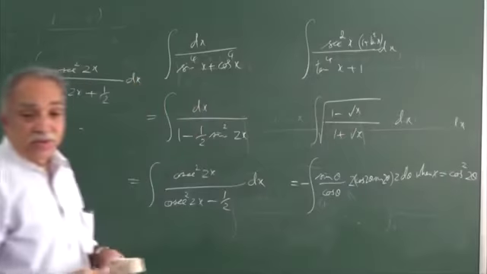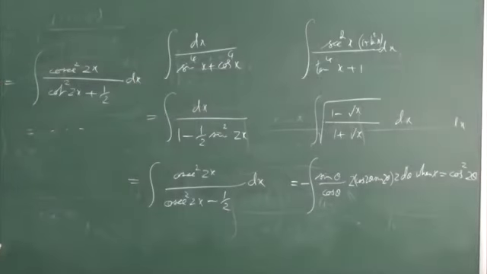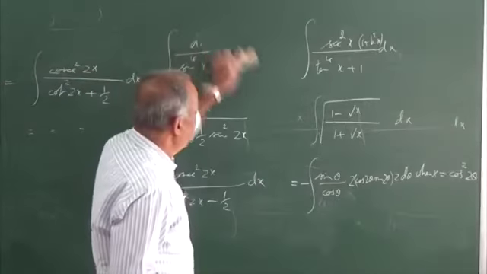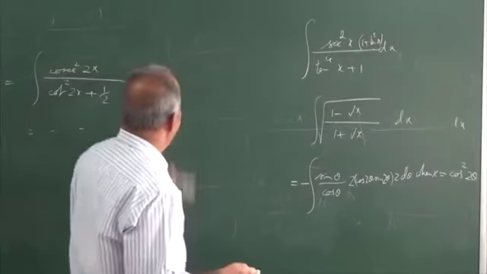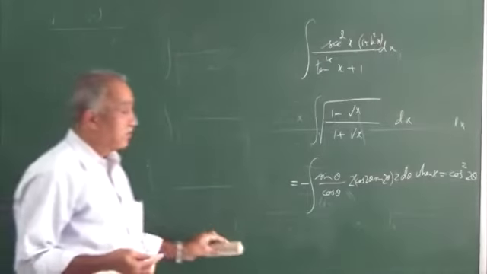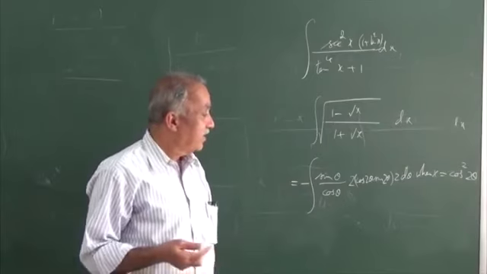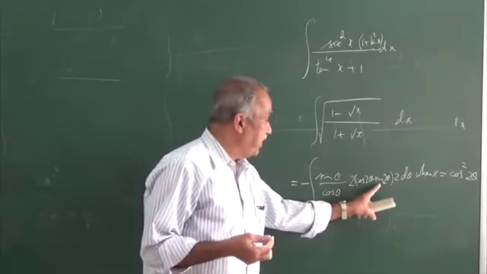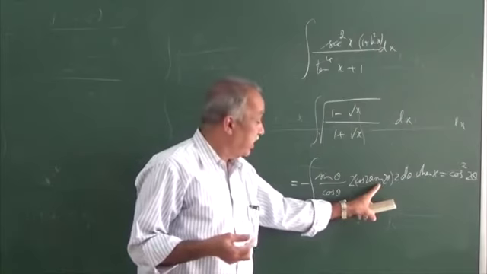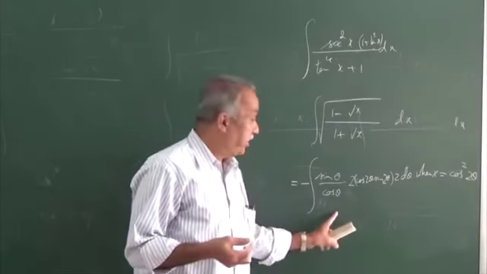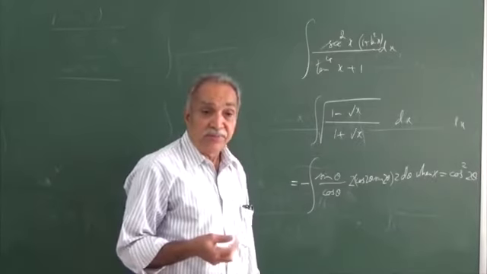Okay, what next? How to get this further simplified? Sin 2 theta may be written as 2 sin theta cos theta, and then we will be able to remove one cos from numerator and denominator.